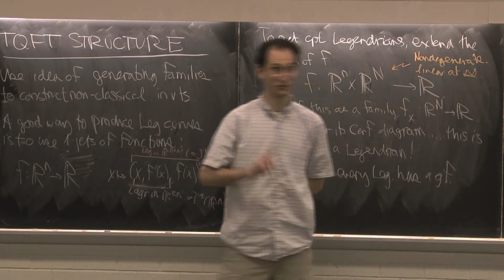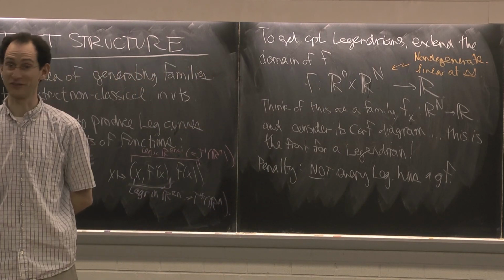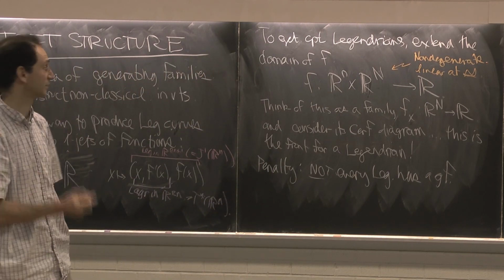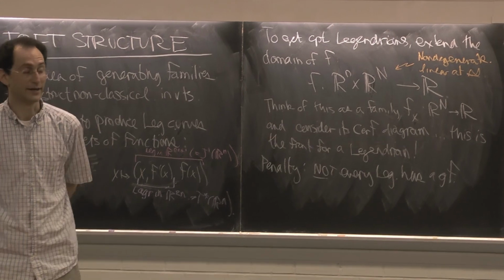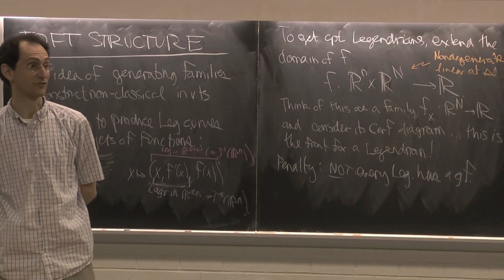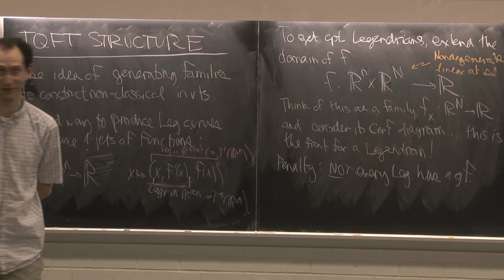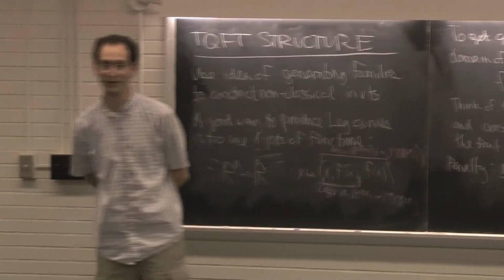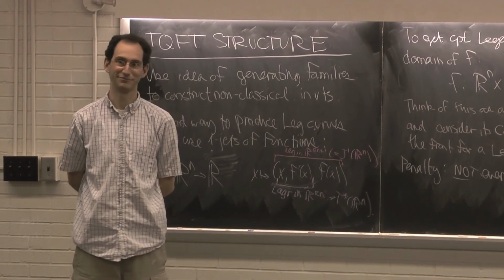Of course, which ones have a generating family is in itself a very interesting question. It's actually very tightly related to, for instance, when the Legendrian contact homology has an augmentation. In fact, those two are equivalent in dimension 3 and should be equivalent in higher dimensions as well.